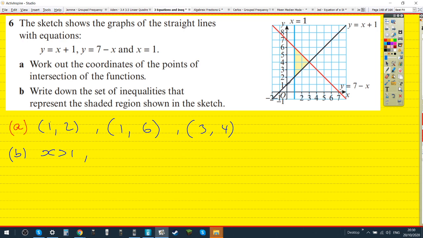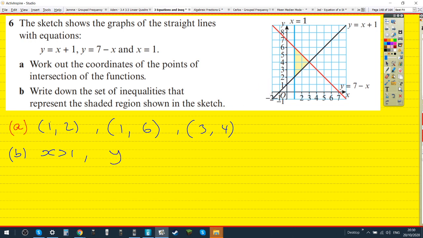So for this line, the black line, what would that be? So it's like above the black line. So would it be x plus 1 is greater? Yeah. Would that be right? How would you say this? It'd be y is greater than x plus 1.